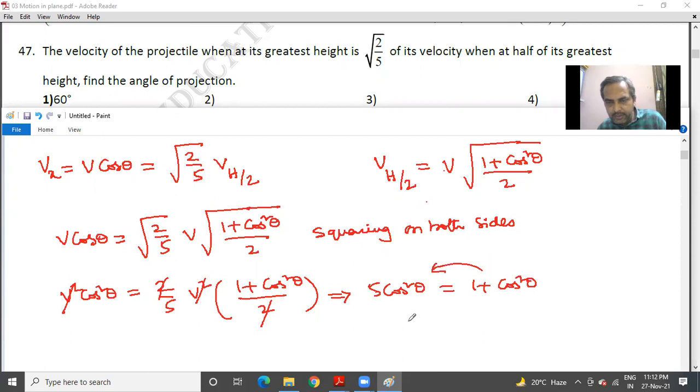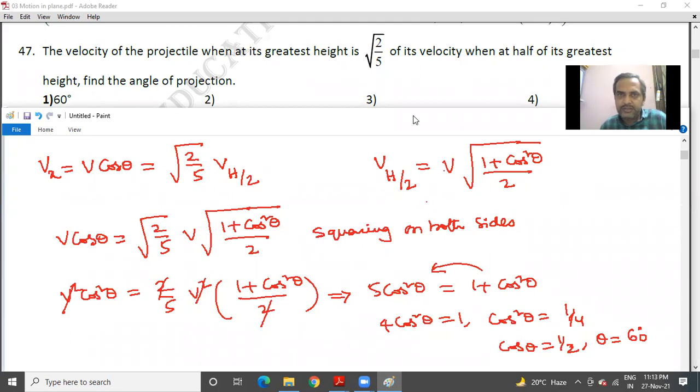Taking it to the left side, 5 cos square theta minus cos square theta is 4 cos square theta is equal to 1. So cos square theta equals 1 by 4, so cos theta is equal to 1 by 2. So the angle is 60 degrees. So the angle of projection is 60 degrees.